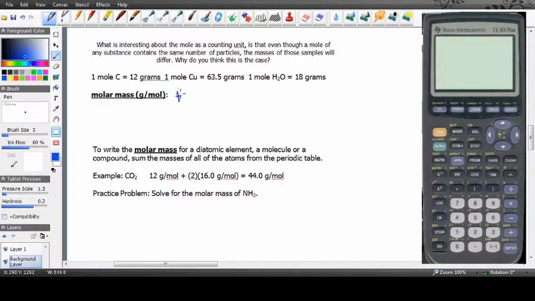This is the amount of mass that comprises one mole of any substance.